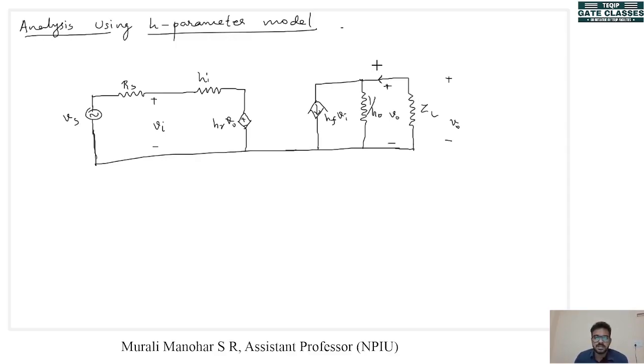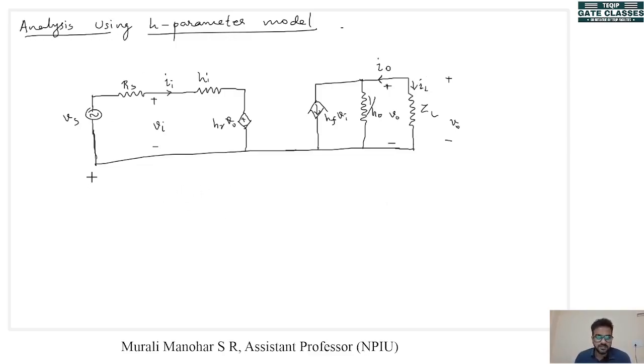So this is Iout, and IL flows here. Now here this is Ii or Iin, and now the circuit is complete. So here instead of I1, I2, V1 and V2, I have written Ii, Io, Vi and Vo.